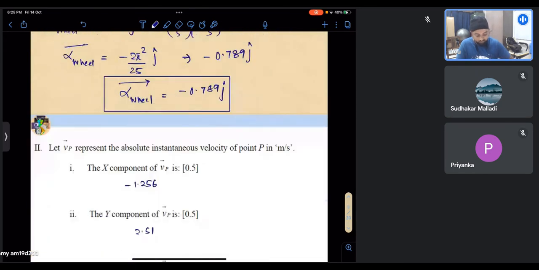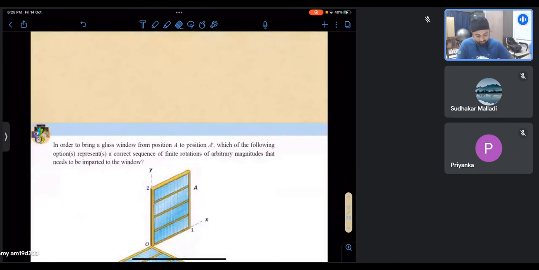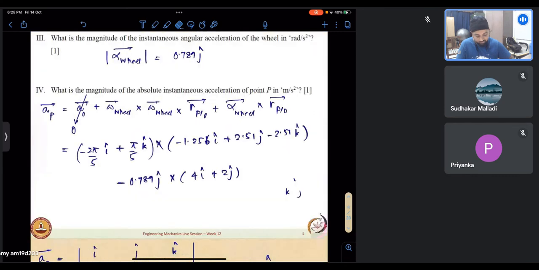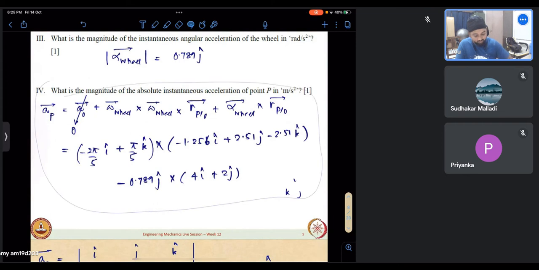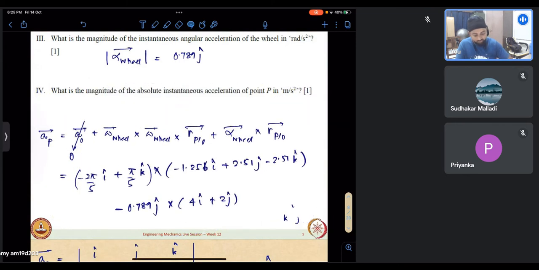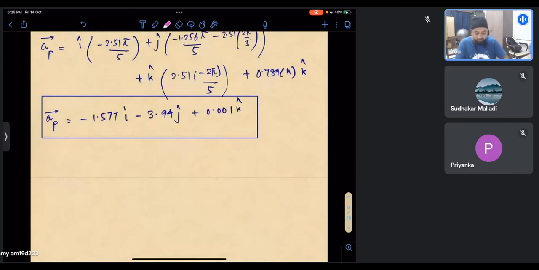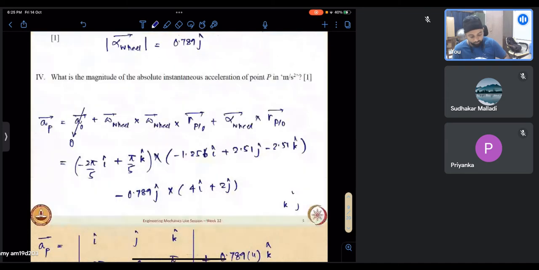So what have we been asked? Here, angular acceleration. Yeah, so we have been asked to report the acceleration here. We have been asked to report the absolute acceleration, which is nothing but the magnitude of this vector. So magnitude of AP, if we were to calculate, comes out to be 4.24.